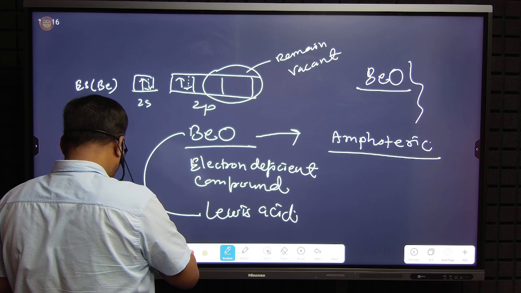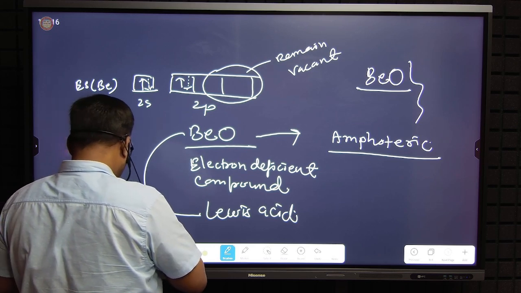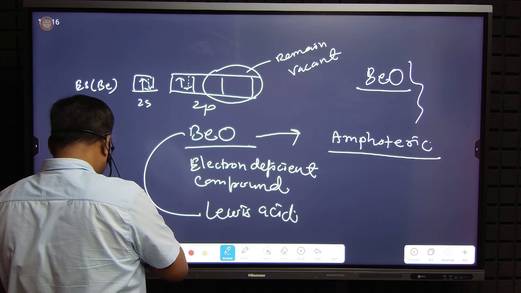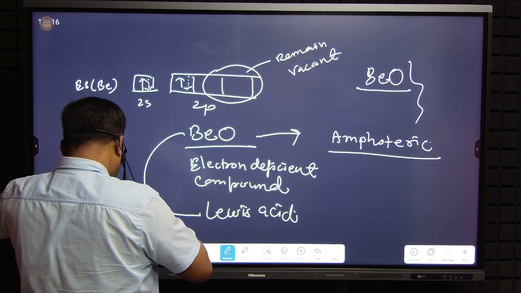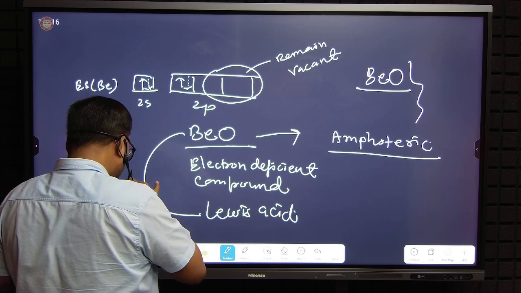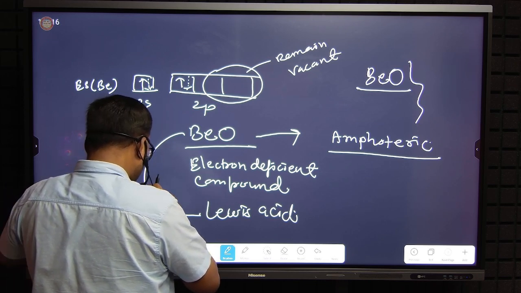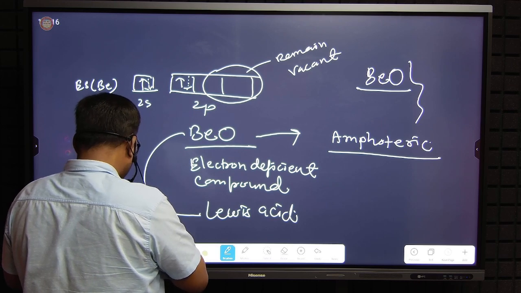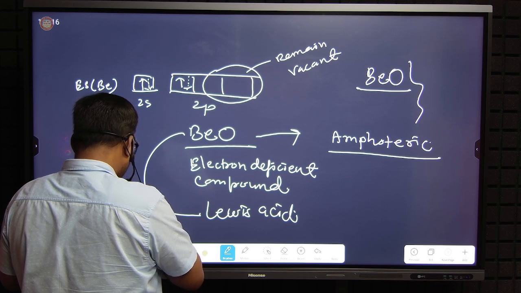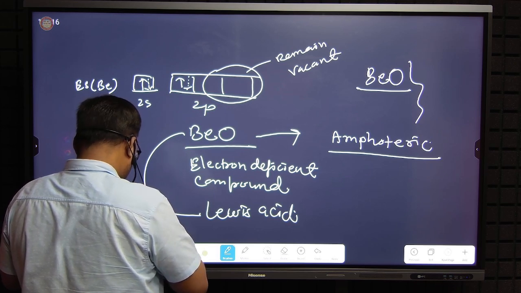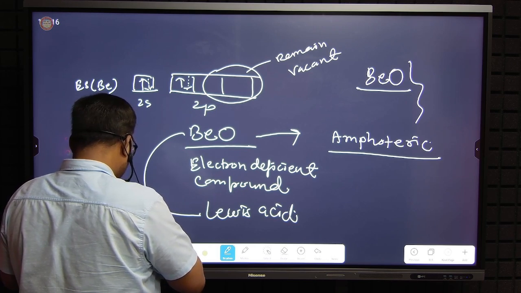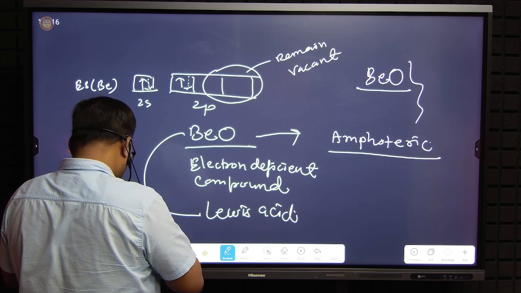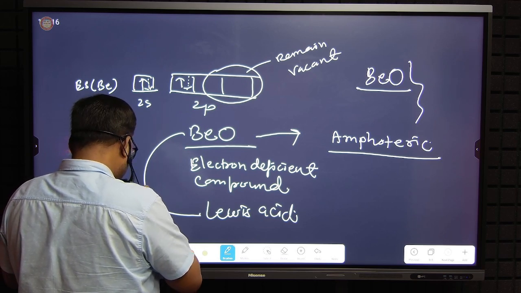In case of reactivity, we have some reactions.